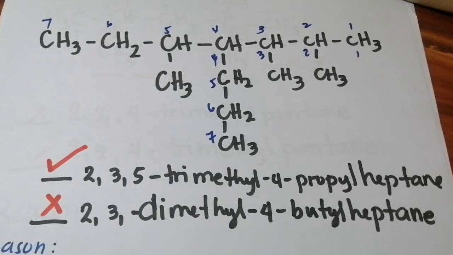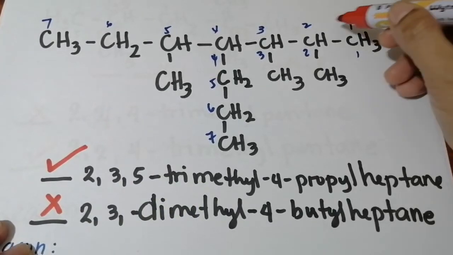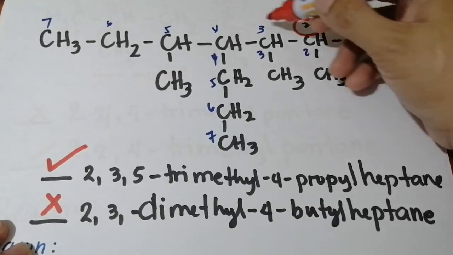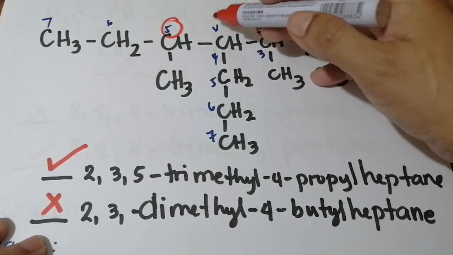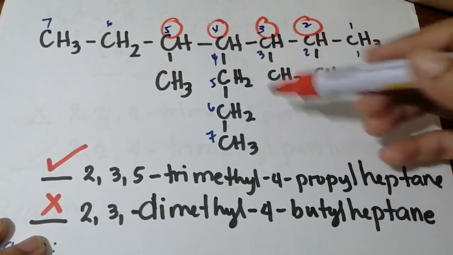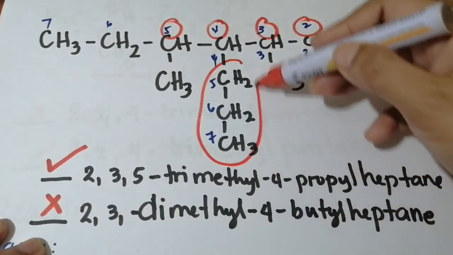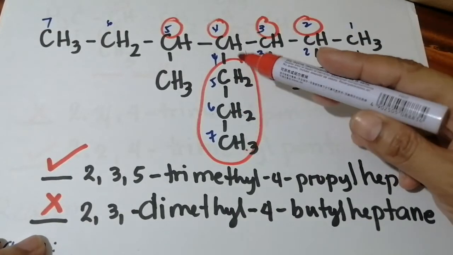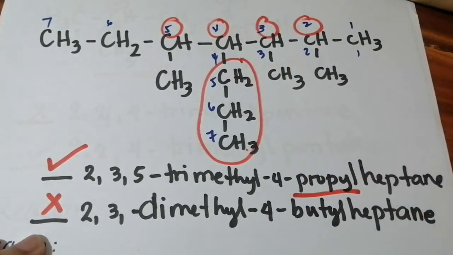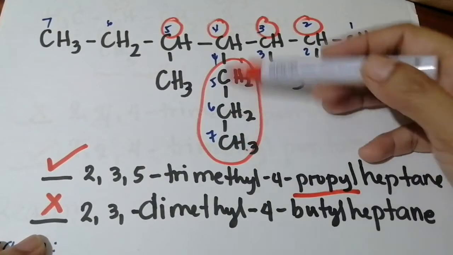That's why when we name this, it will be 2,3,5-trimethyl, because we start from 1, 2, 3, 5 trimethyl, and then the fourth carbon here has a branch of how many? 1, 2, 3. That's why it is 4-propyl, because it has 3 carbons in the branch.